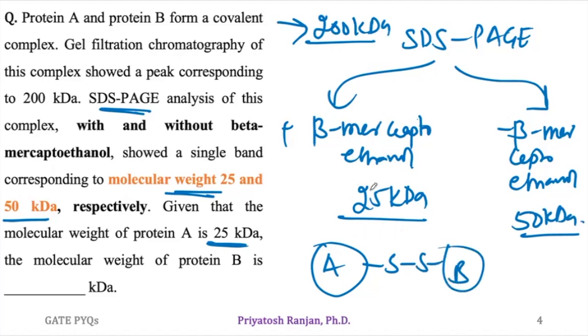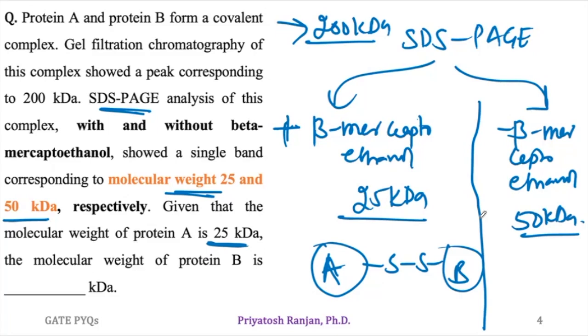So what will happen if I'm making use of beta-mercaptoethanol? This bond will be cleaved and we'll get a single band. We'll not be able to distinguish protein A and B on the SDS-PAGE, the reason being both of them have the same molecular weight. Now, what is happening when I'm not using beta-mercaptoethanol?